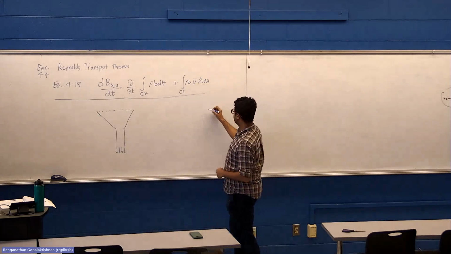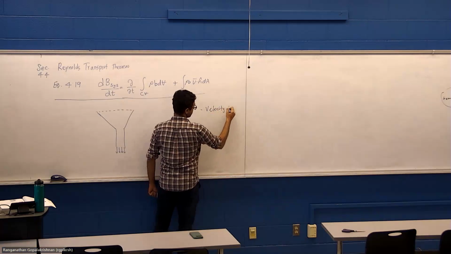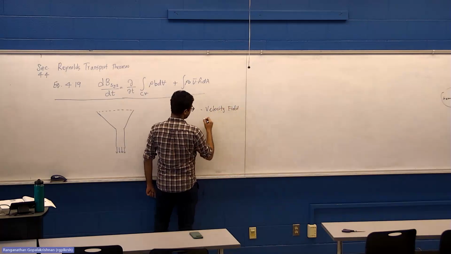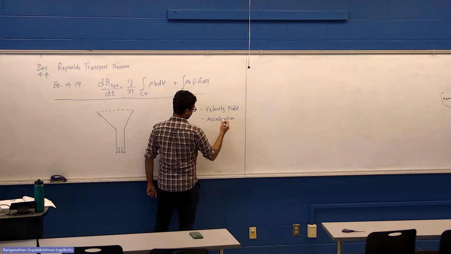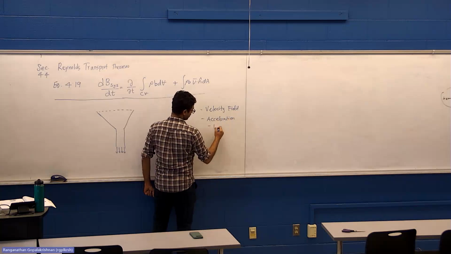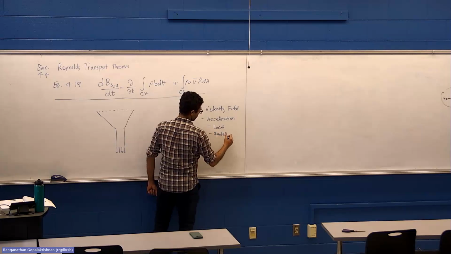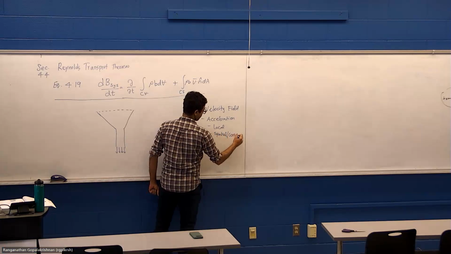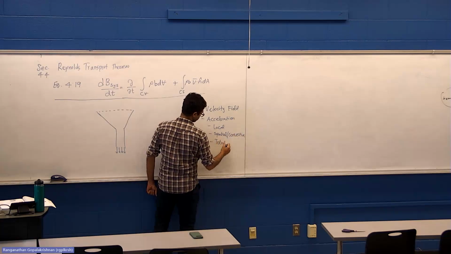We talked about velocity field. We talked about computing acceleration. We talked about how it has three components: local, spatial or convective, and the sum of those two, called total.